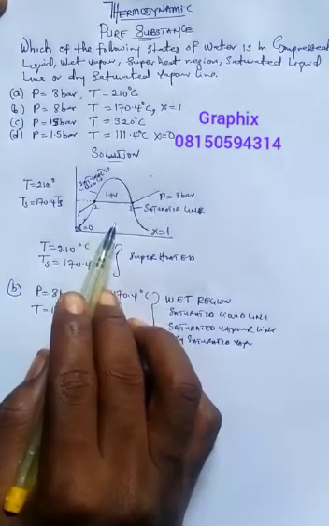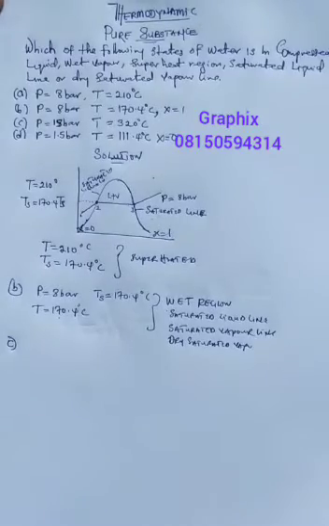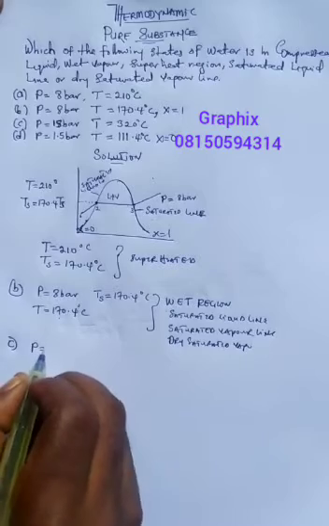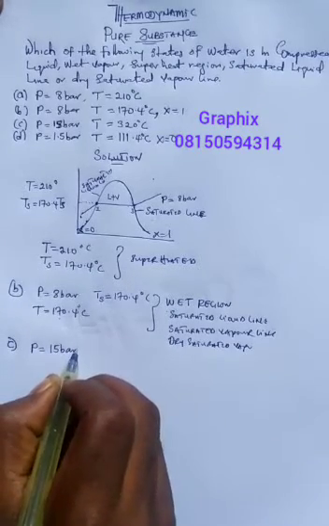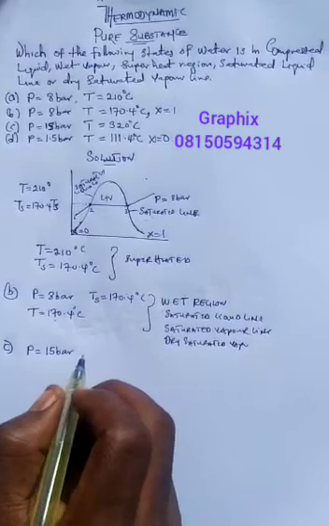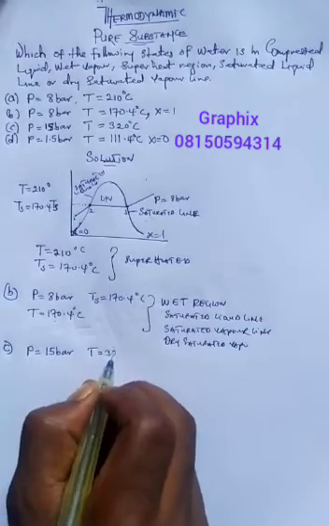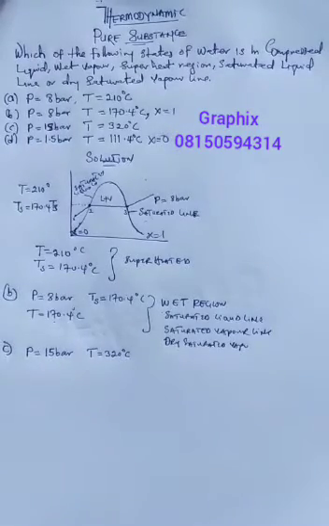Are we together? So now for C, it's telling us that our pressure is equal to 15 bar, right? And the temperature given is 320 degrees Celsius. So what will you do? You check the steam table. I'm going to check the pressure at 15 bar to see the corresponding temperature.